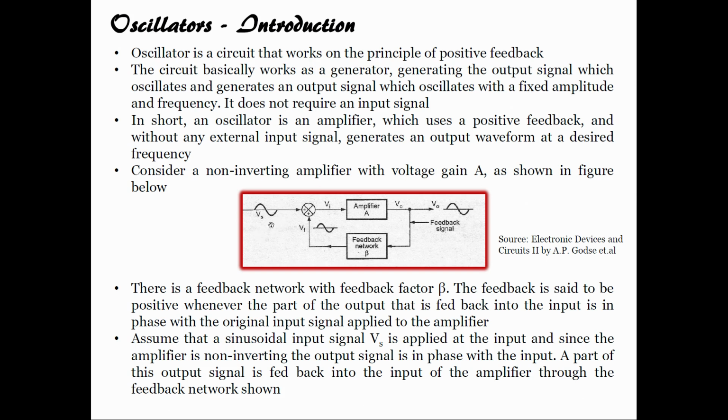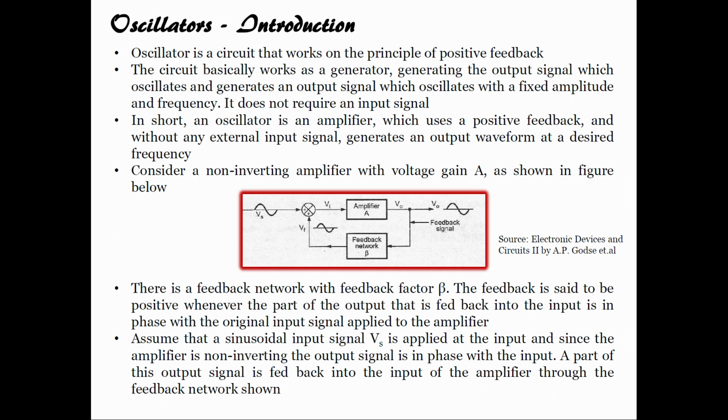So the phase shift of the feedback signal compared to the input signal should be 0 or 360 degrees. Second, it says that the magnitude of A times beta should be greater than or equal to 1. Two criteria.